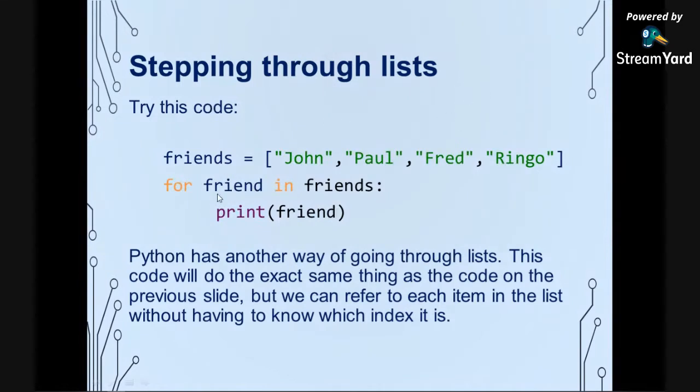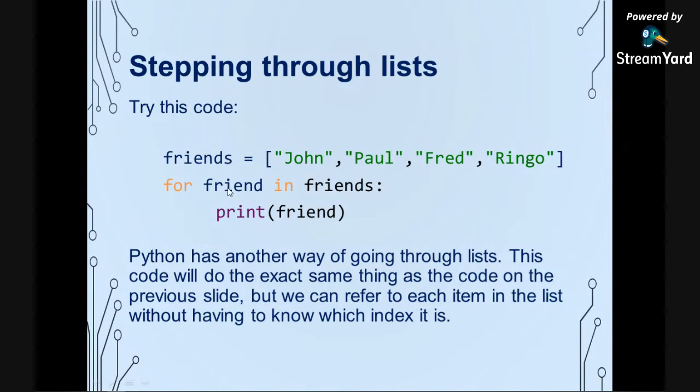So friend is actually referring to the specific item in the list. So it's like saying for each item in my list. In other forms, we call this a for each loop, because it goes through each item in the list.